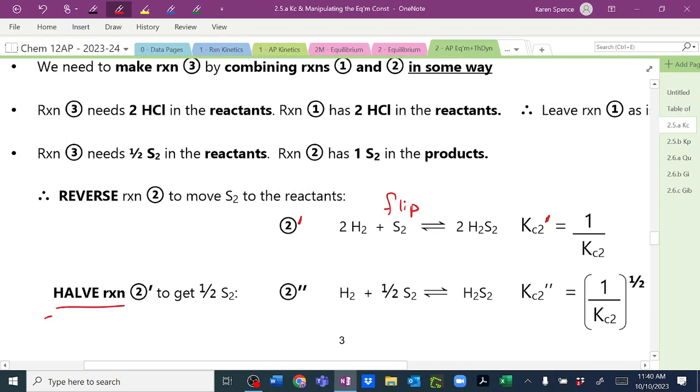Now we need to have the reaction to get the 1/2 S2. So all the coefficients are times a half, times a half, times a half. And so that's going to give us 1 over KC2 to the half. Now, that's lovely.